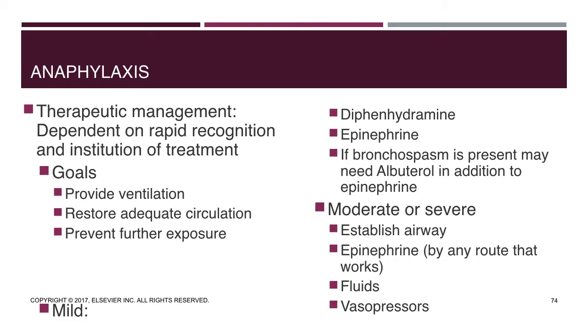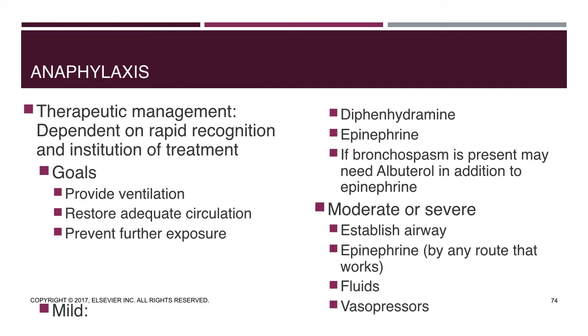Therapeutic management is dependent on rapid recognition and the institution of treatment. The goal is to provide ventilation and restore adequate circulation and prevent further exposure. In mild situations, we may give diphenhydramine, which is Benadryl, and if that's not working, we may need to give epinephrine. If a bronchospasm is present, so I want you to consider that there's two situations going on here.